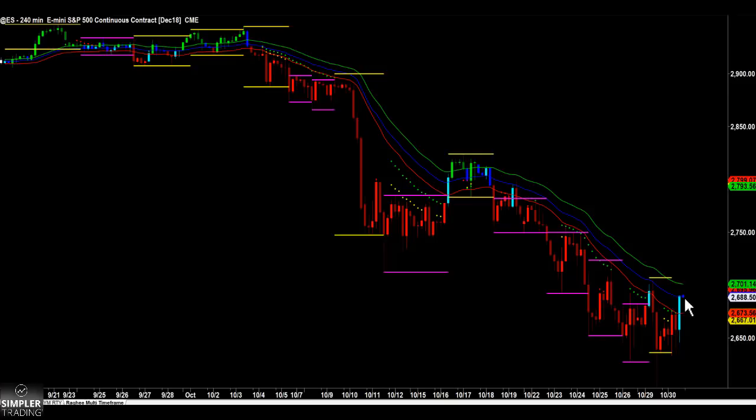This is a very reasonable level to look at a short. In this case, 88 or even 80 is a reasonable level. But remember, the zone itself starts at about 2674 with the bottom line of the wave, 2673 and a half, all the way up to 2701 and a quarter.